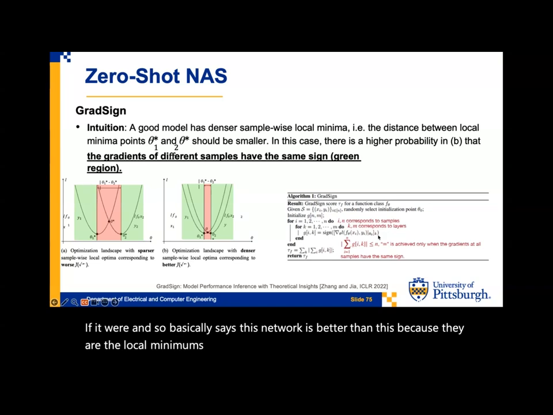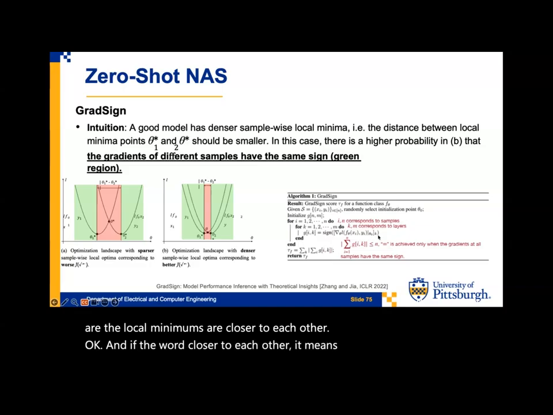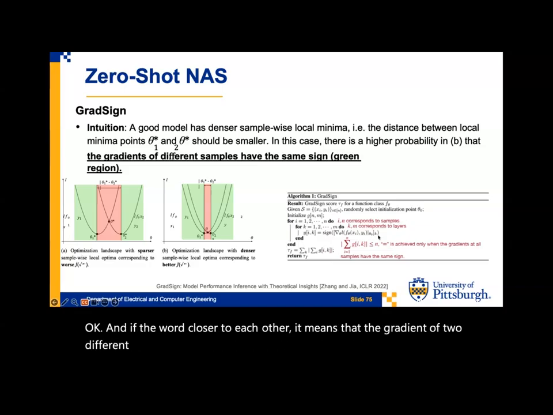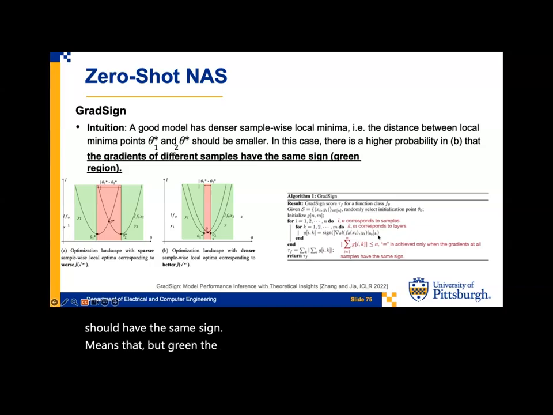to each other. And if they were closer to each other, it means that the gradient of the different samples should have the same sign, which means the green region should be bigger. Does that make sense?